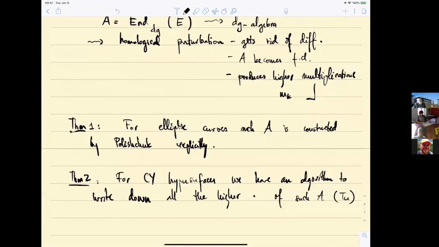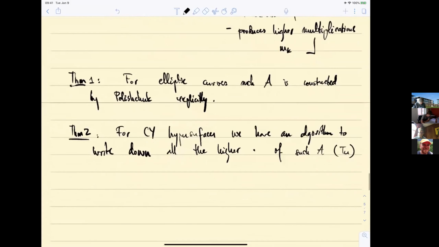Okay, so at least for things like elliptic curves and quintics, we know completely abstractly that such an algebra always exists. The trick is to write it down explicitly. And for elliptic curves, we have something written down by Polishchuk, and for Calabi-Yau hypersurfaces in general, we have such a thing by work of Junwu Tu.